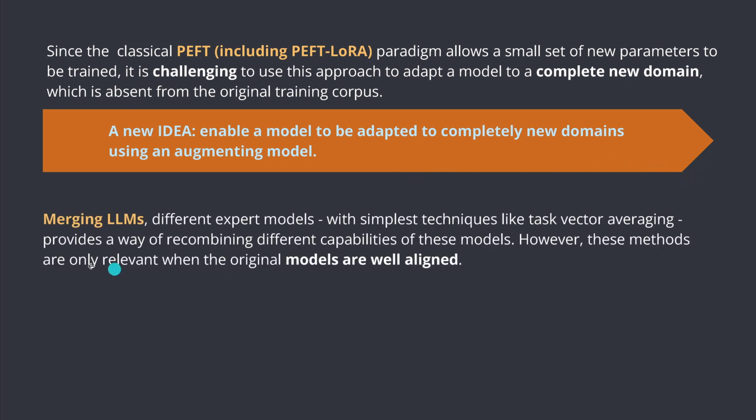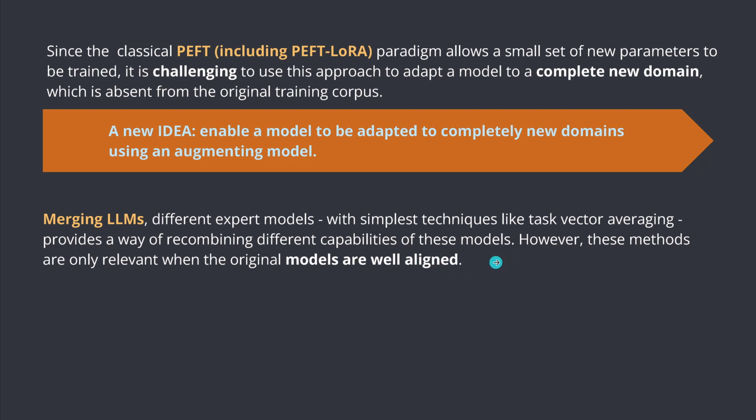So not like RAG here, an augmented prompt structure, but we want to augment a complete LLM. And if we do the merging of LLMs, so we take one LLM and a second LLM and we cut off, I don't know, the bottom and the top half, then we merge those LLMs with their layer structure together. This only works in a very limited amount of cases when the original models or LLMs are very well aligned from their architecture, from the architectural point of the layer configuration.